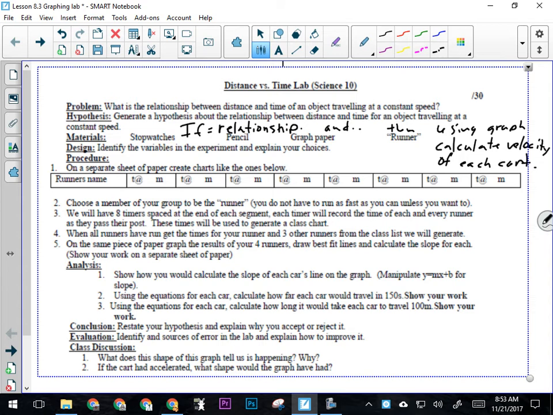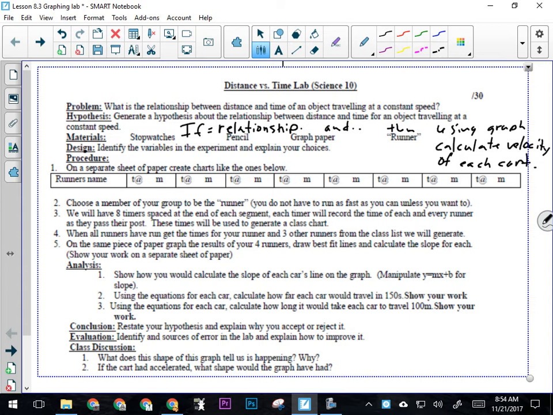Controlled variables. As I was describing the experiment, I mentioned a few things that we wanted to keep the same throughout the experiment. Some of them had to do with measurements. So I want you guys to come up with 3. I've given you manipulated and responding, so you come up with the controlled variables, 3 of them. Remember, we have to explain them all.